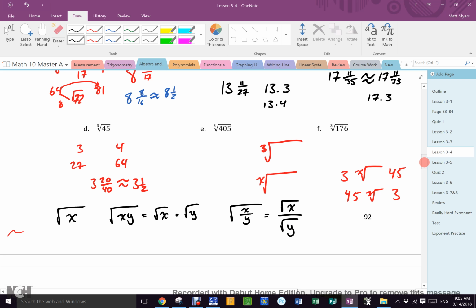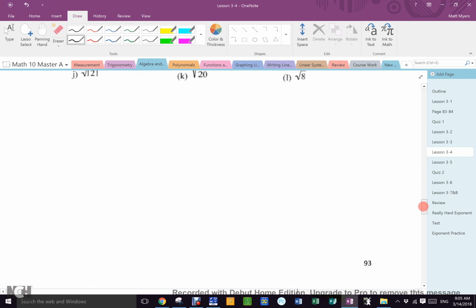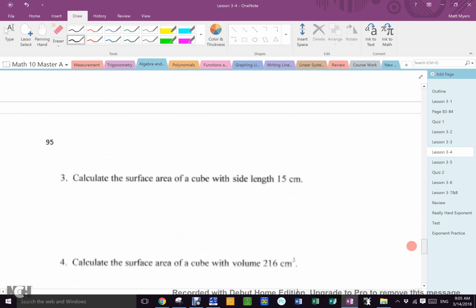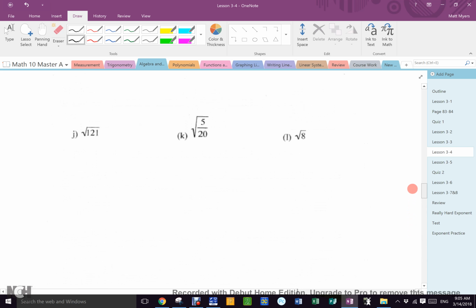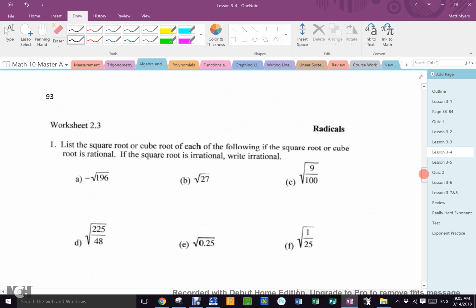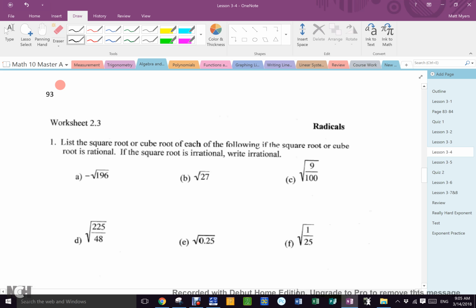All right. Turn the page over, and pages 93, 94, and 95 are your work. Now listen. Listen to me, please. You are on page 93. You can go ahead and use your calculator. All right? Remember, if the decimal ends, it's rational.